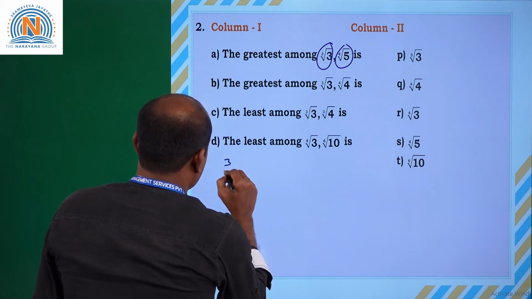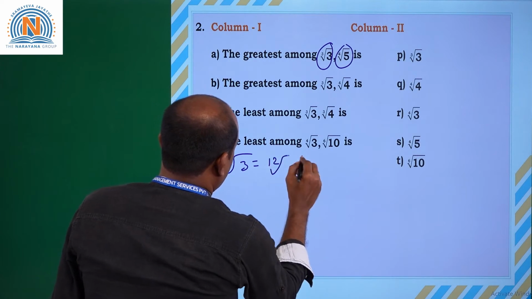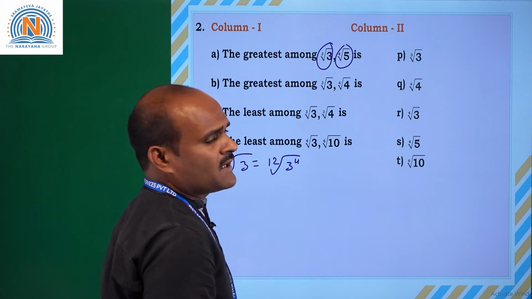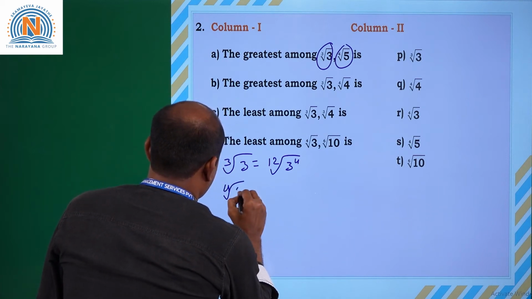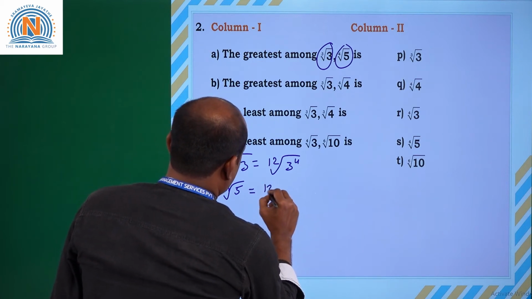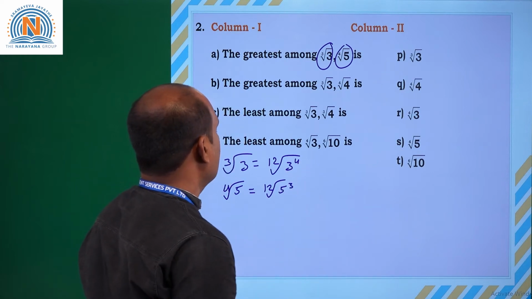So cube root of 3 is nothing but 12th root of 3 power 4, and fourth root of 5 is nothing but 12th root of 5 cube.